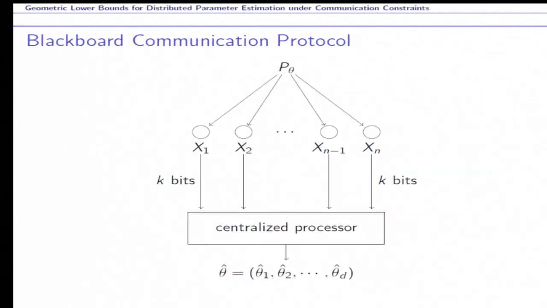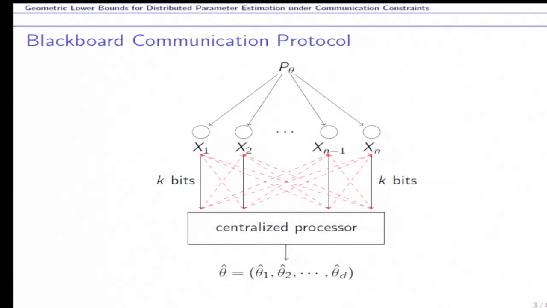Let's first talk about our communication protocol. A very simple protocol is that each sensor sends k bits independently of each other to a centralized processor. But in this model, we consider a more complex one, the blackboard communication protocol. That is, there is a blackboard in front of the n sensors, and each sensor can write at most k bits on the blackboard.